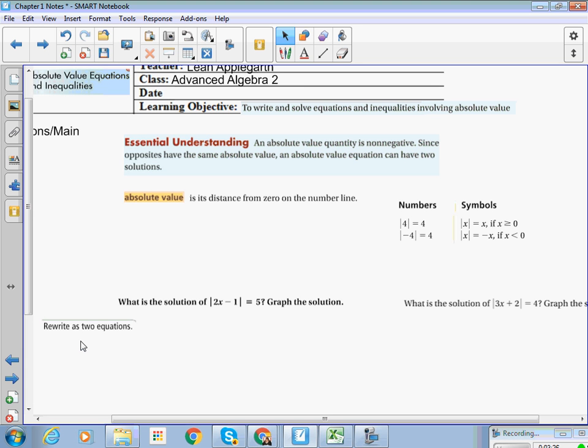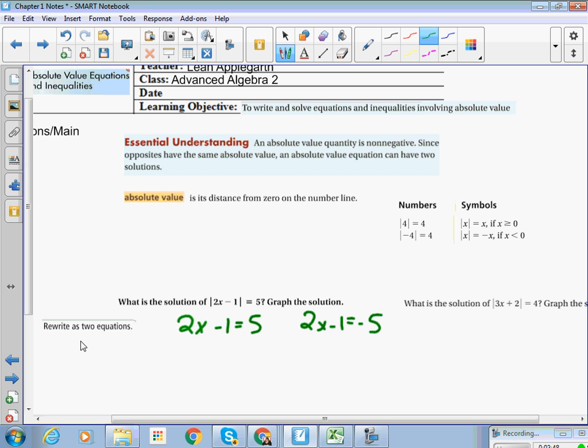So what you do is you write it just as it looks. And then you write it with the left hand, the non-absolute value side, negative. Couldn't you just do plus or minus?